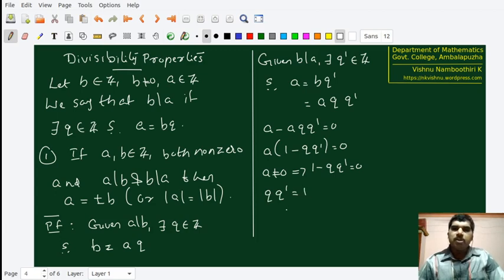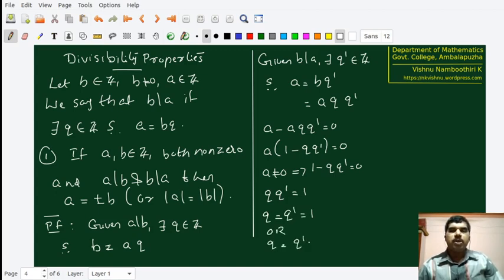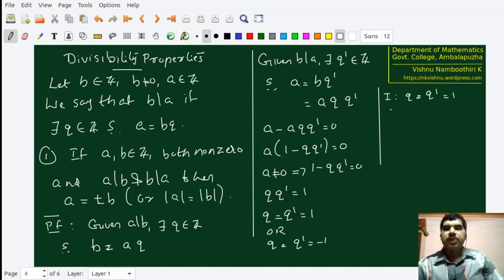q and q prime are both integers, their product is equal to 1, therefore the possibilities are the following. Either q equal to q prime equal to 1, both are 1, or q equal to q prime equal to minus 1. So what happens in the first case? If we have q equal to q prime equal to 1, therefore b equal to aq equal to a.